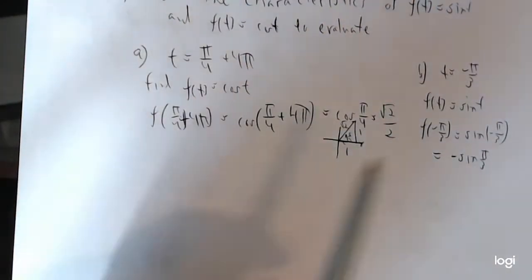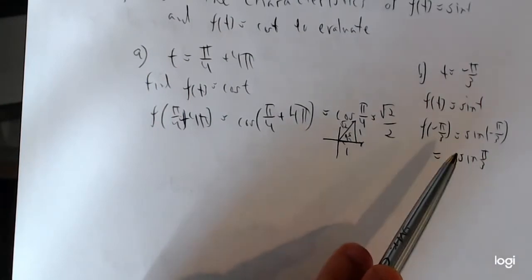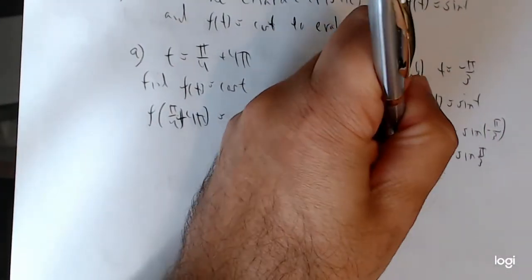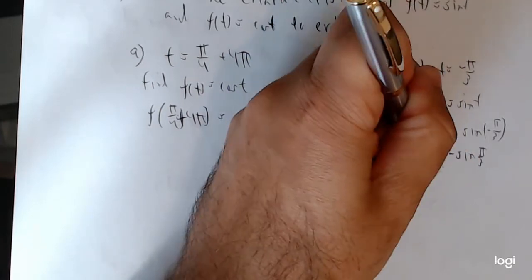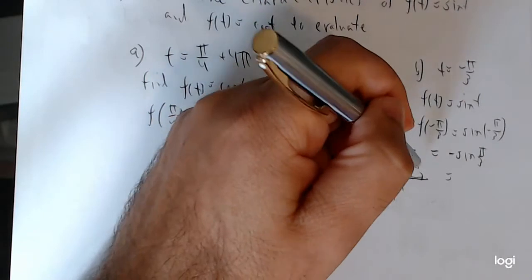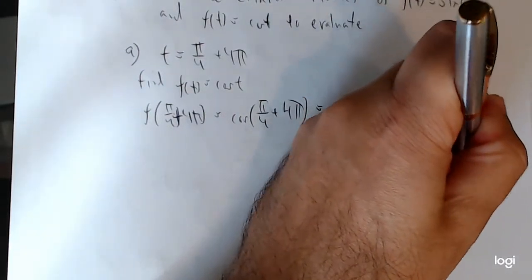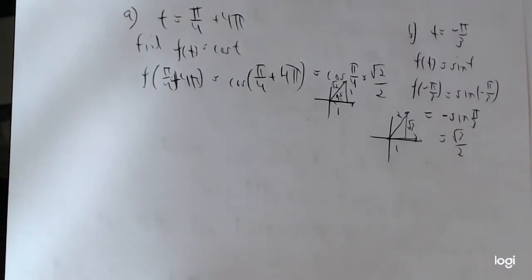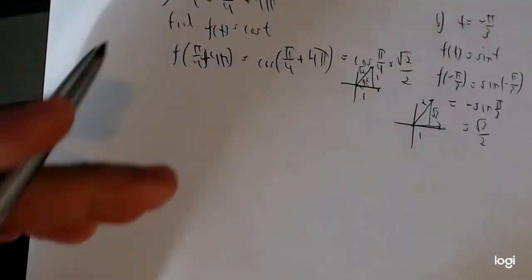I could use this because it's an odd function. So sine of pi over 3, pi over 3 would be a 60-degree reference angle. So this would be 1, radical 3, 2. Sine is y over r, so it'll be radical 3 over 2. Okay? So now let's actually get into graphing sine and cosine.